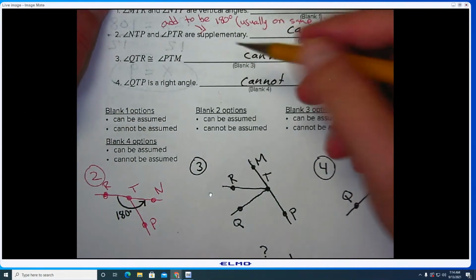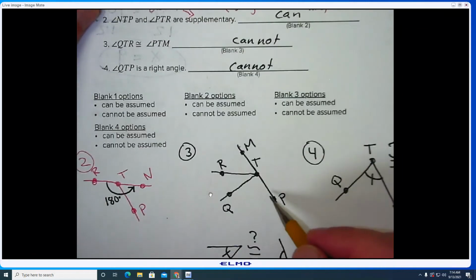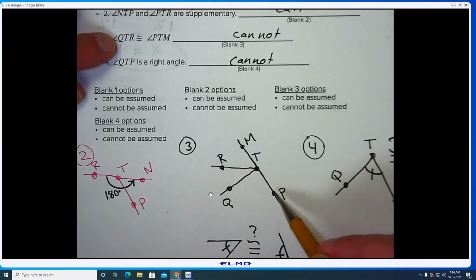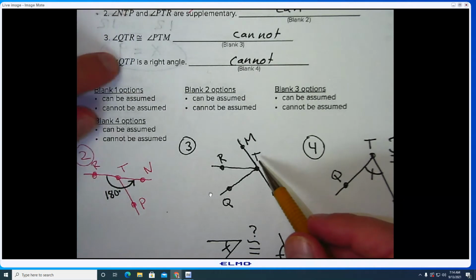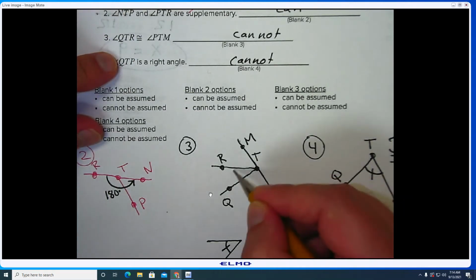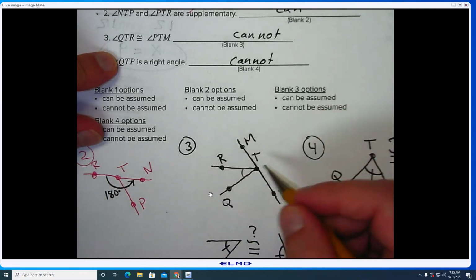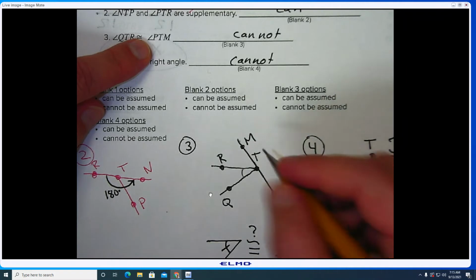Number 3. Number 3 says, I'll go ahead and use the drawing I have down here. QTR and PTN, do they look equal? QTR, let's go ahead and mark it. Does this angle right here look like it's the same as PTM?